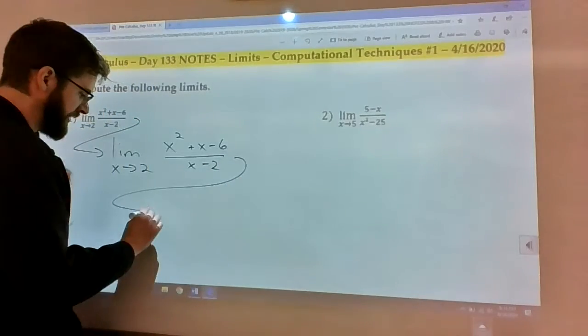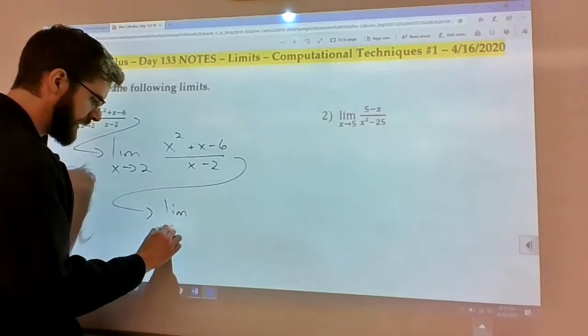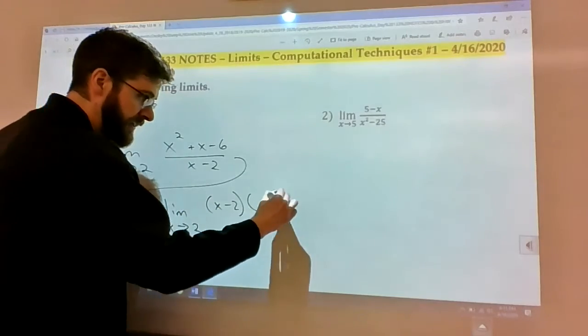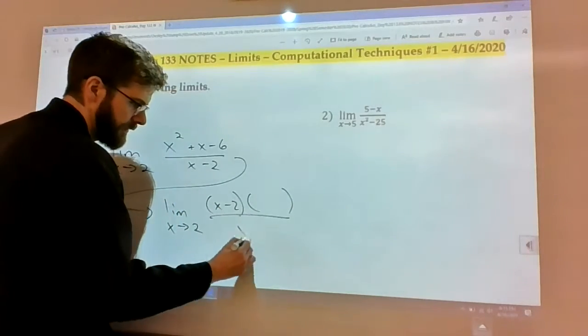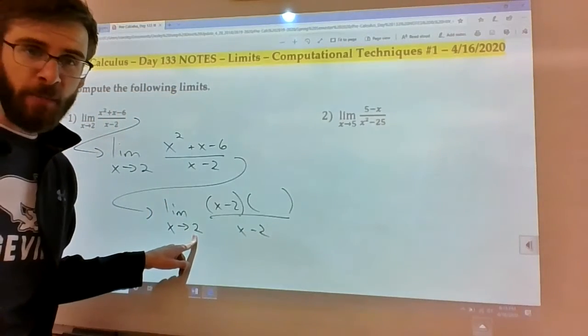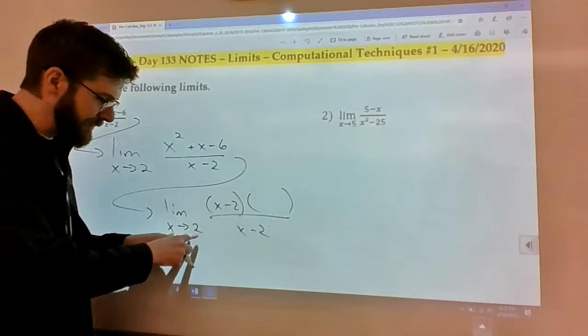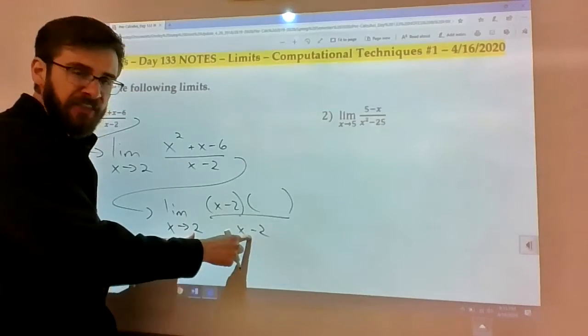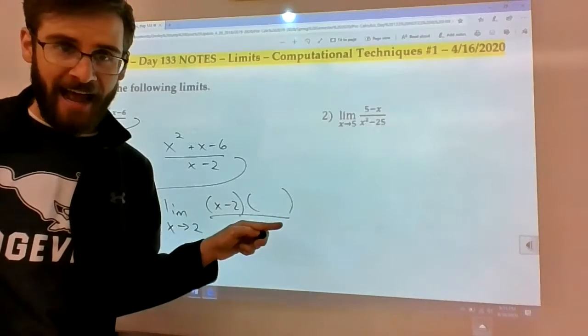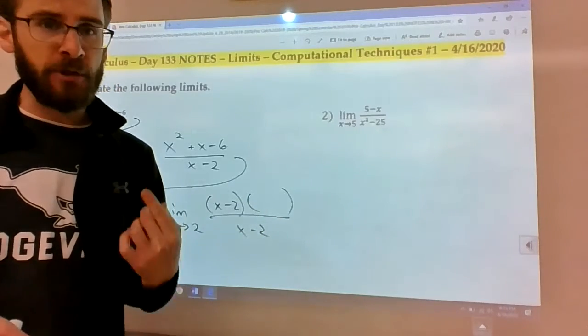Can I rewrite this to where it's x minus 2 times something so that we can cancel out what appears to be a domain issue? Like if the limit matches the thing that makes the bottom 0, you know you have to cancel that out in order to actually compute this limit properly.